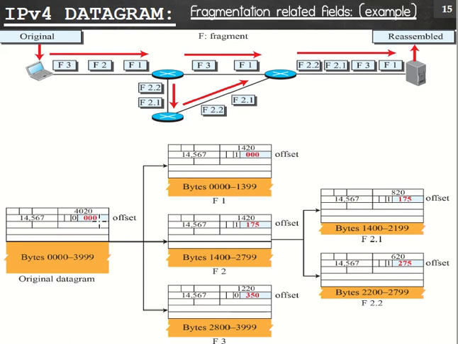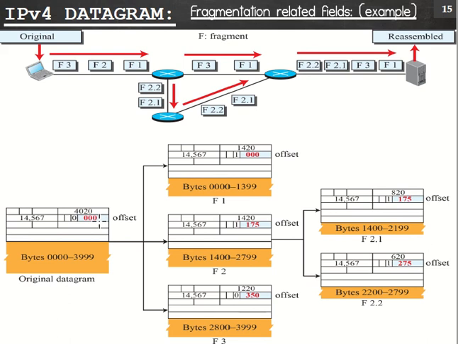Step 3, divide the total length of the first and second fragments by 8. The third fragment has an offset value equal to that result, and continue the process. The last fragment has its M bit equal to 0.